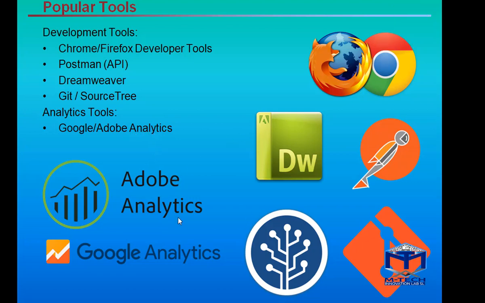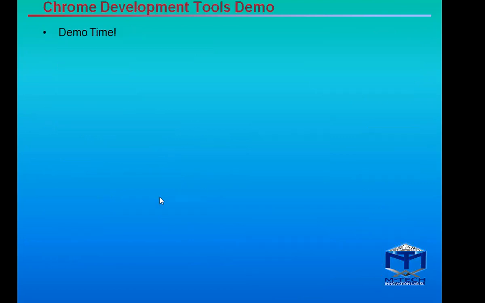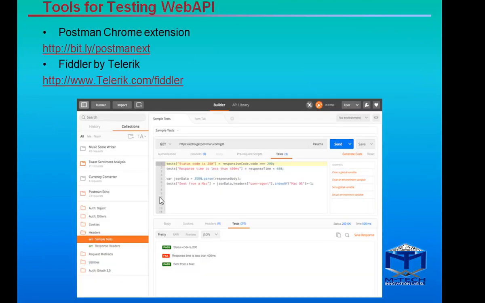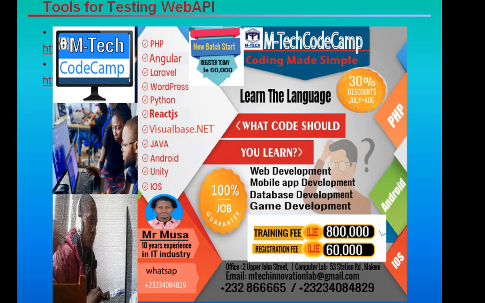These are the tools that, as a web developer, you must have. For example, with Postman, say I develop an application with a client and need to connect to the back end. I can use Postman to test this API and see whether it's working or not.